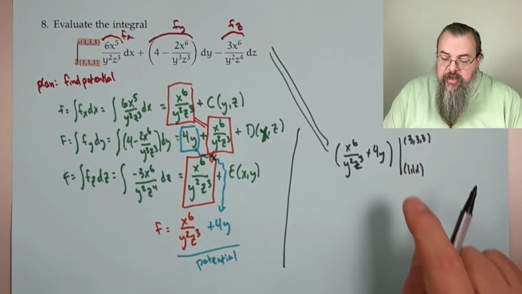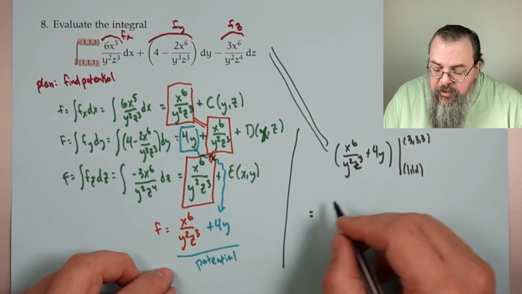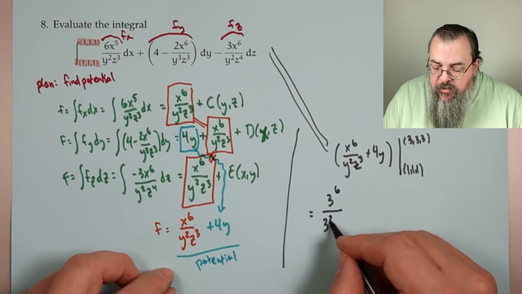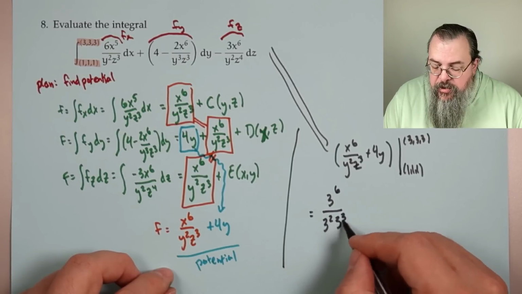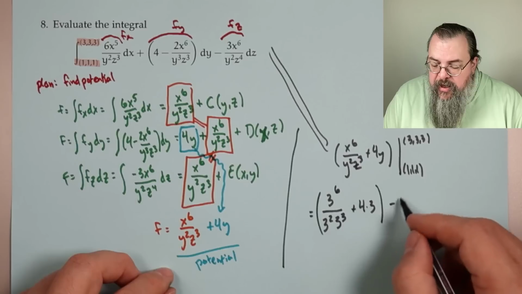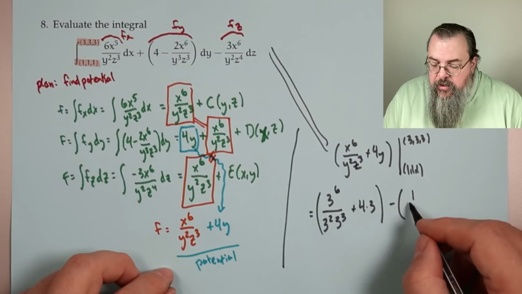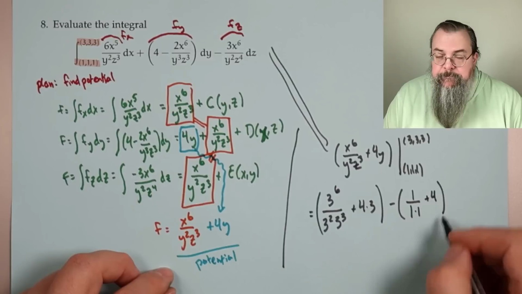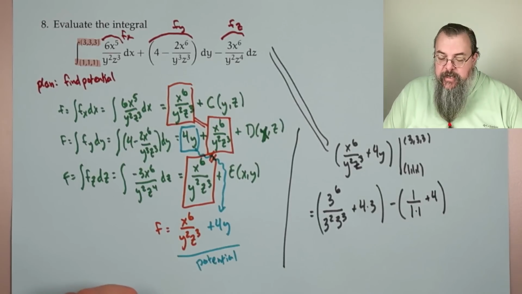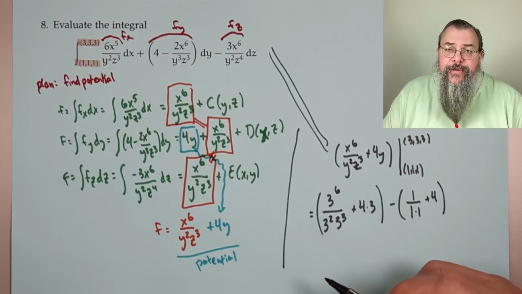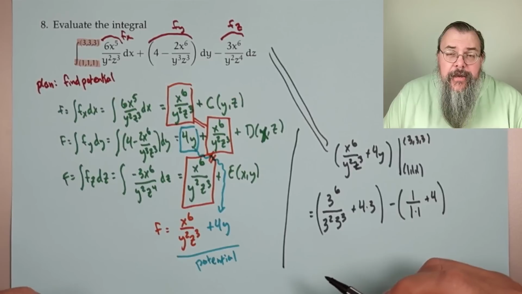So we need to plug this in. That is equal to 3 to the power 6 over 3 squared times 3 cubed plus 4 times 3, subtract 1 over 1 times 1 plus 4. All right. Now, this looks like it might be complicated. You're like, what's 3 to the 6? 729?